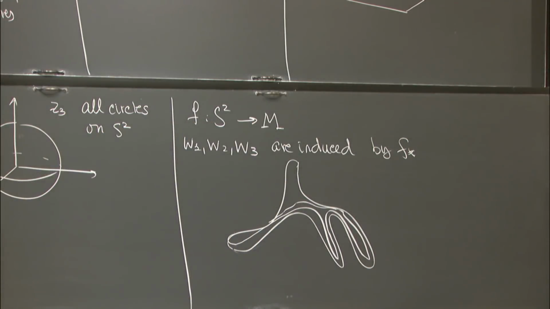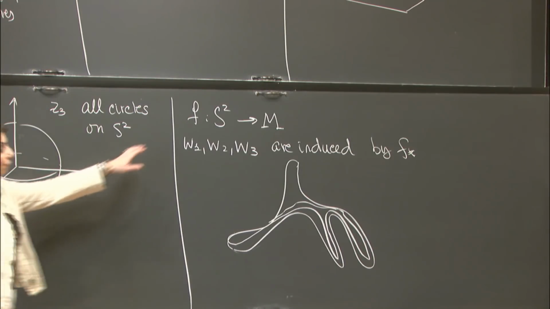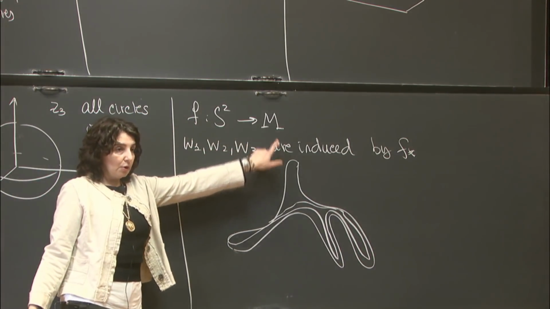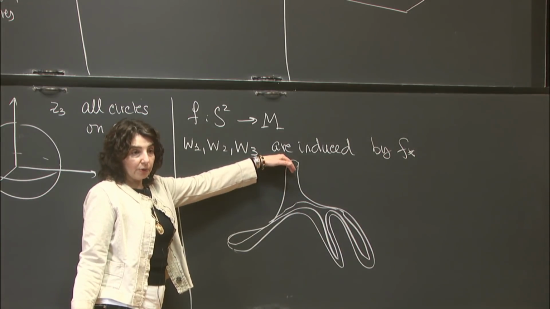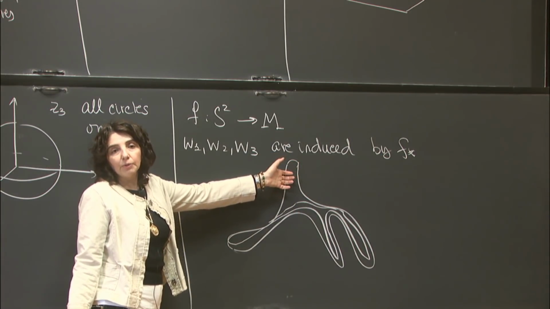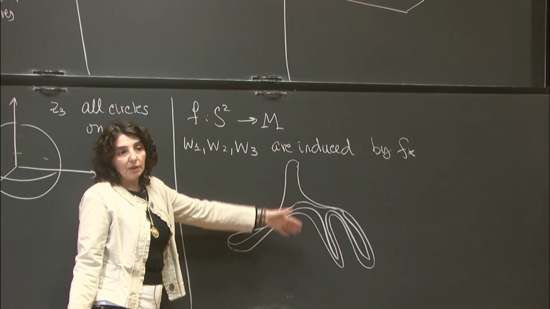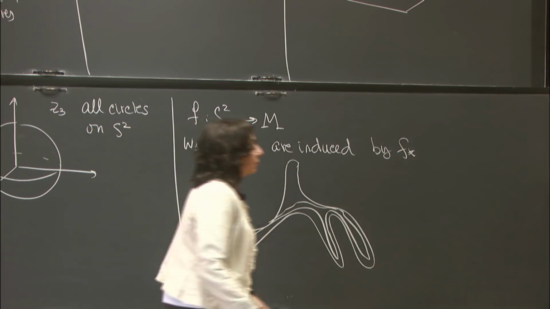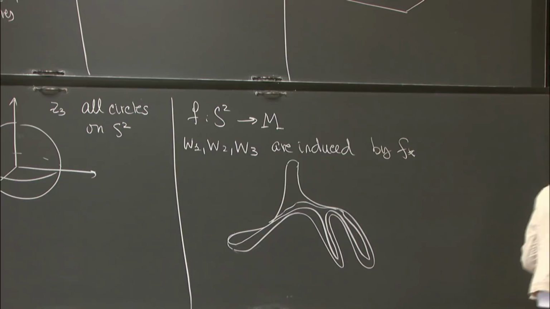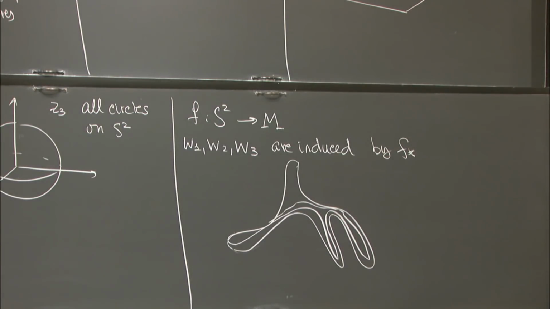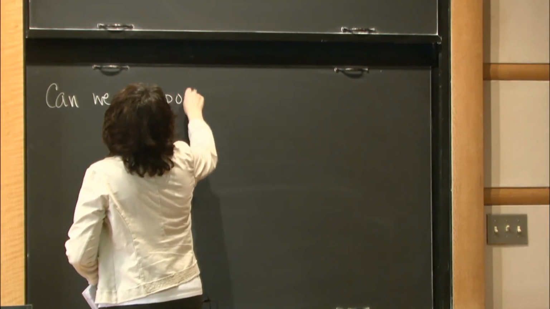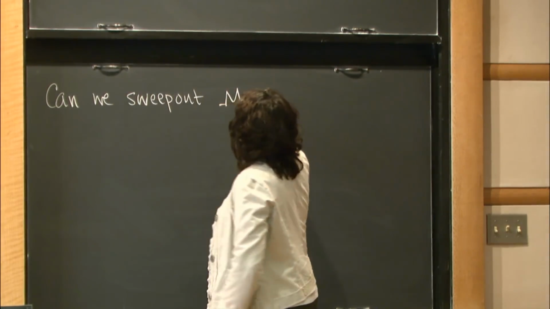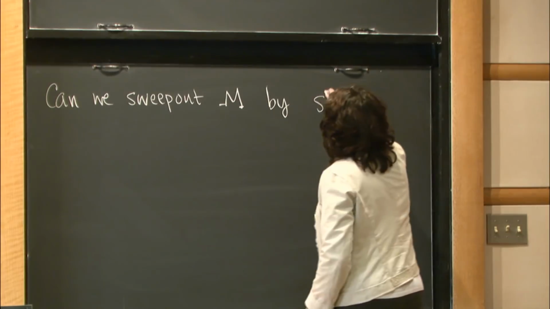So the question then becomes the following. Can we really come up with a map from S2 to M so that the lengths of those curves are controlled in terms of, right now we're worried about the diameter? To put it in other words, can we sweep out M by curves that are short in terms of diameter?